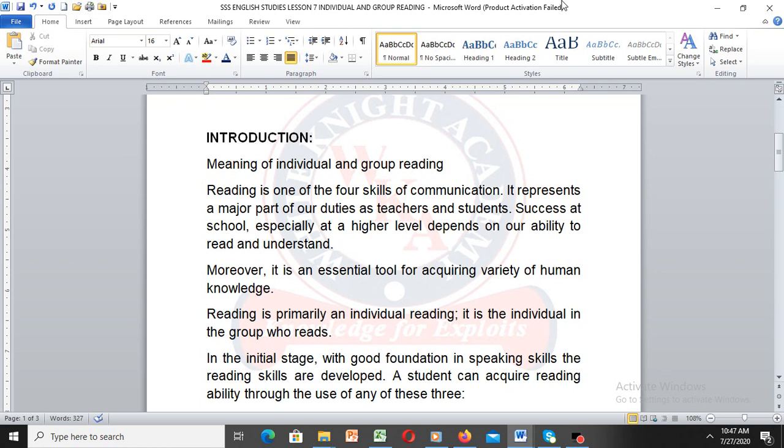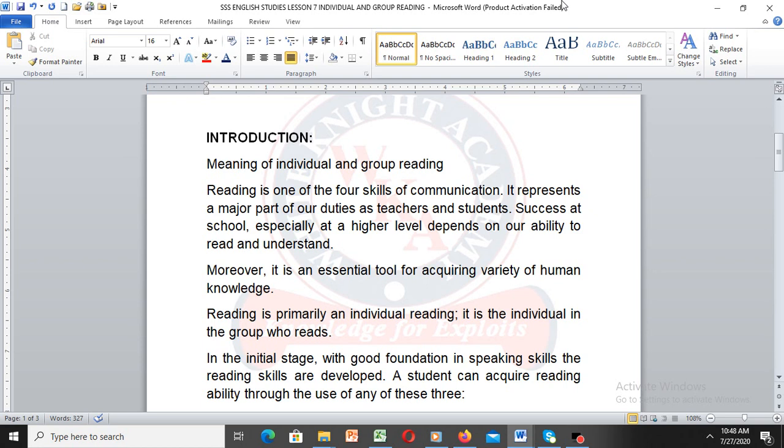Success at school, especially at a higher level, depends on our ability to read and understand. Moreover, it is an essential tool for acquiring a variety of human knowledge.